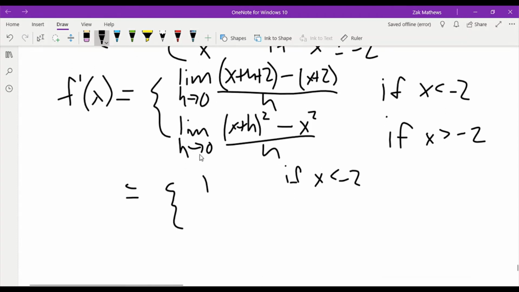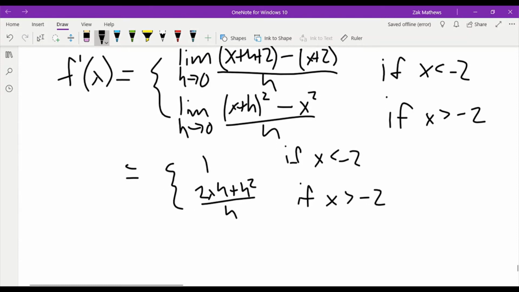For the other one, as h goes to 0 of this, we can FOIL this out. We'd have x squared plus 2xh plus h squared. The x squareds would cancel, leaving us 2xh plus h squared over h. That's true if x is greater than negative 2. Again, I'm holding off on writing the equals to, because I don't know what's going on at negative 2.